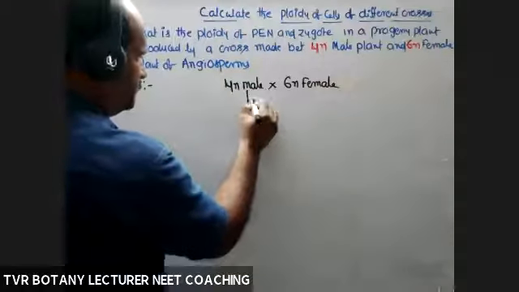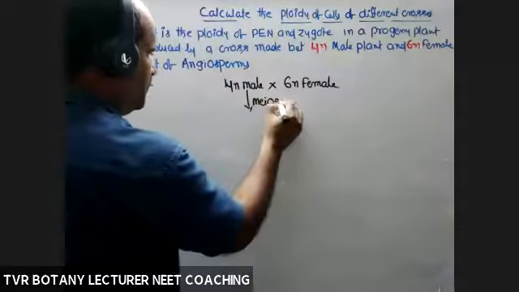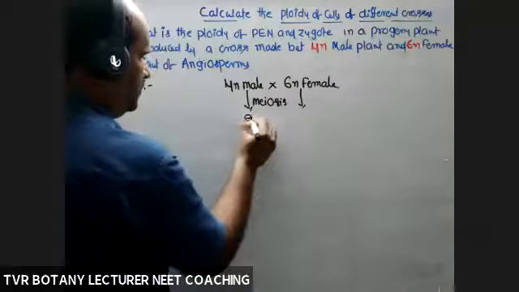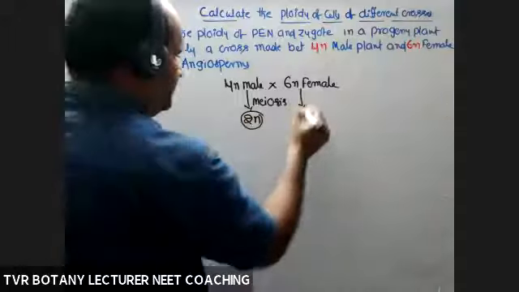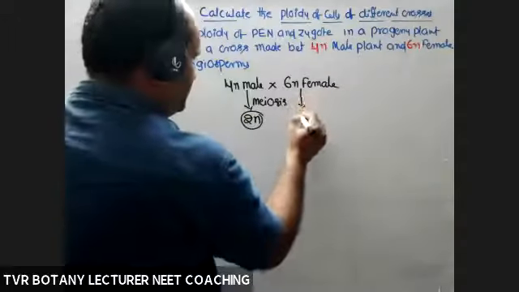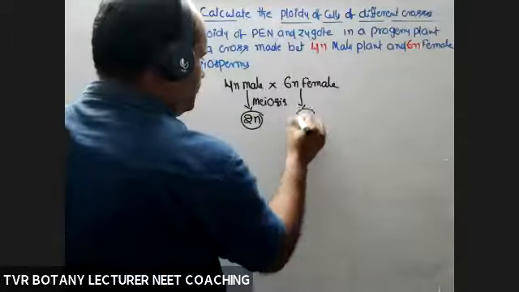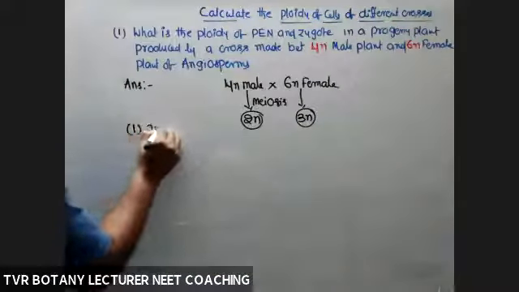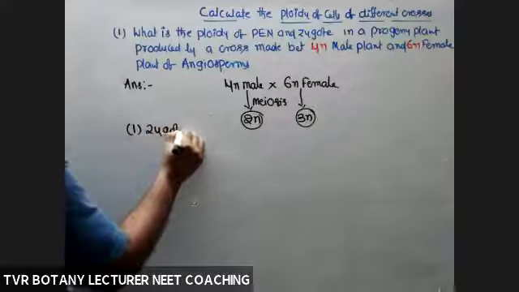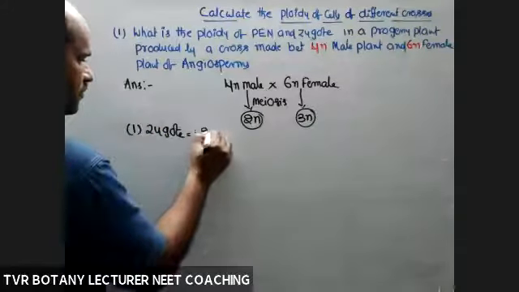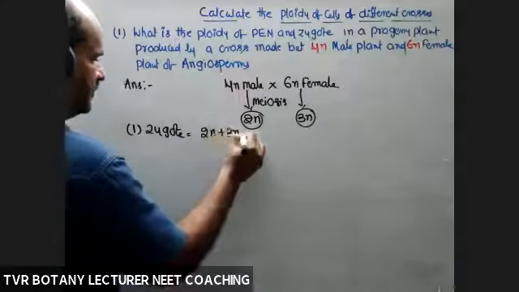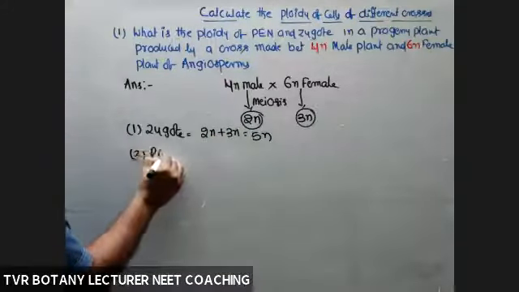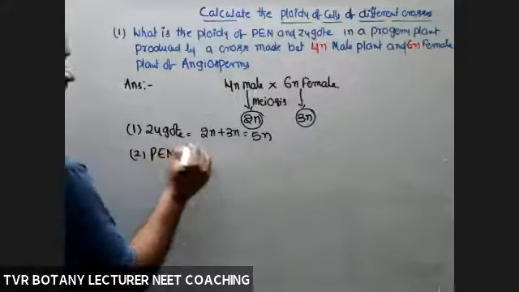After meiosis, on behalf of male, diploid. After this meiosis, this one is a 3n. Now, first one, zygote. Zygote ploidy is 2n plus 3n, 5n. And second one is a PEN, primary endosperm nucleus.